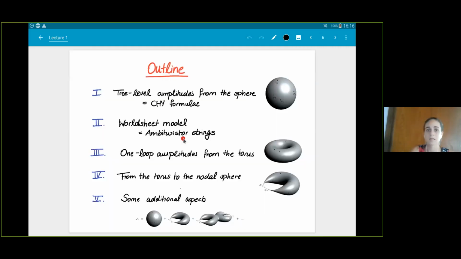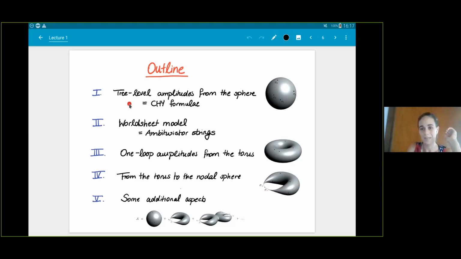Okay, so we've seen that there are these constrained equations that we've called the scattering equations that map between kinematic space and the boundary and the moduli space of marked Riemann spheres. So that just means Riemann spheres with some additional punctures that I've labeled here. Now, what we're going to do for the rest of the lecture today is we're going to see how this actually combines into a full amplitude.